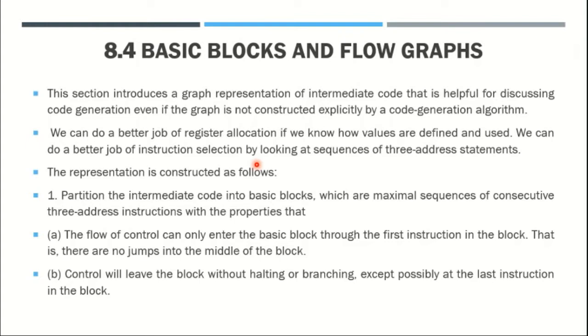So this is the overall concept of basic blocks and flow graphs. In this session we discuss how to divide the intermediate code into different basic blocks and then how to construct the flow graph for that particular intermediate code. So these are the details we discuss in this session.